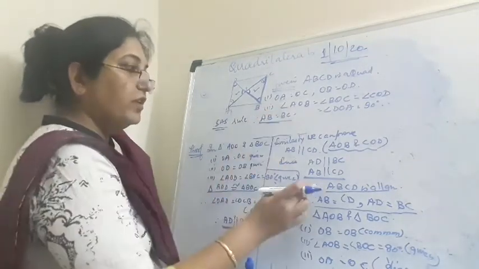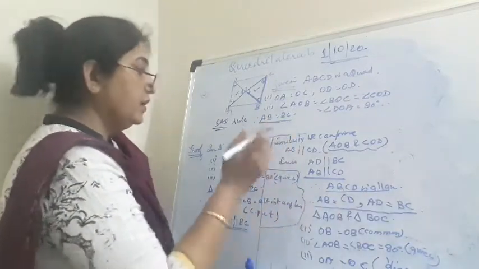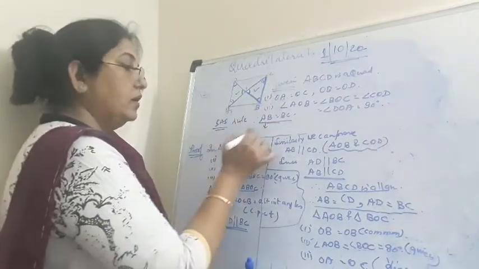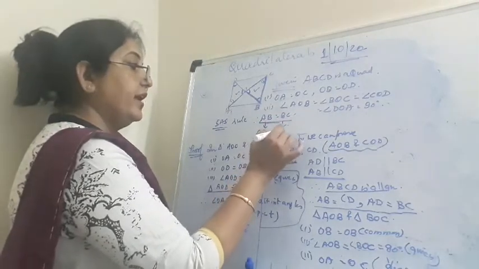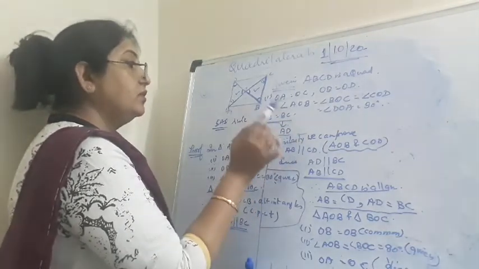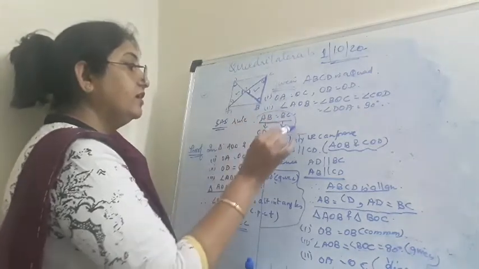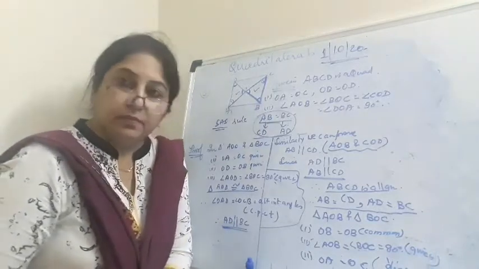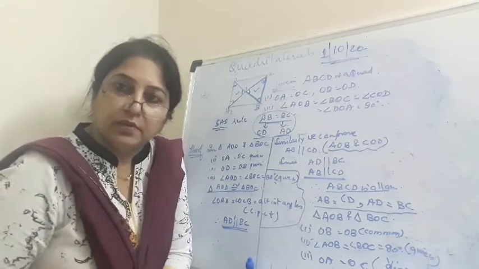Now as we have proved here that AB is equal to CD and AD is equal to BC, we can write AB is equal to CD, and BC is equal to AD. Now if AB is equal to BC and BC is equal to AD and AB is equal to CD, we can now write that all the four sides of the parallelogram are equal, and hence it is a rhombus.